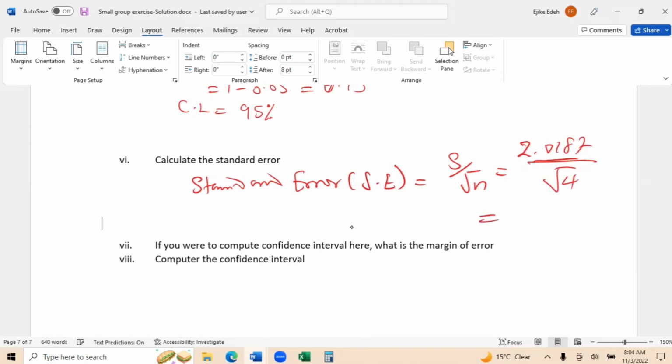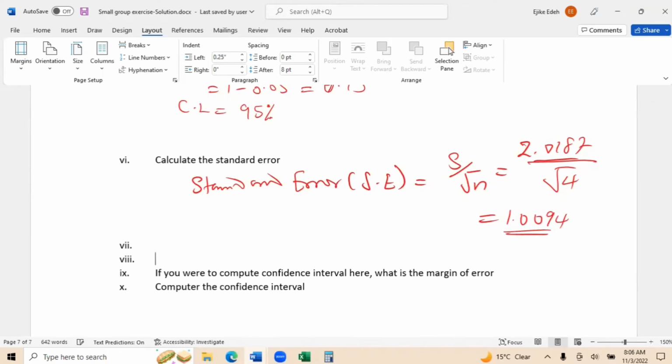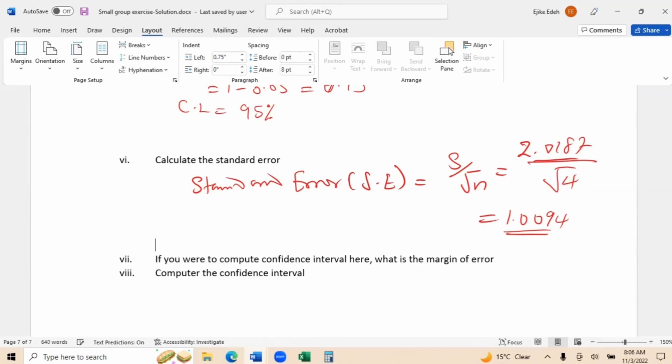So our standard error here will be 2.0187 divided by square root of 4, which is 2. So I have 1.0094. So that's our standard error. Let's go over to the next one.